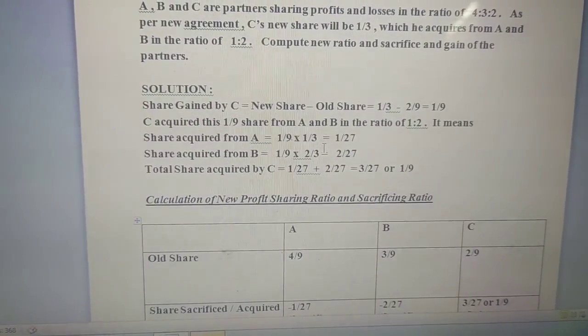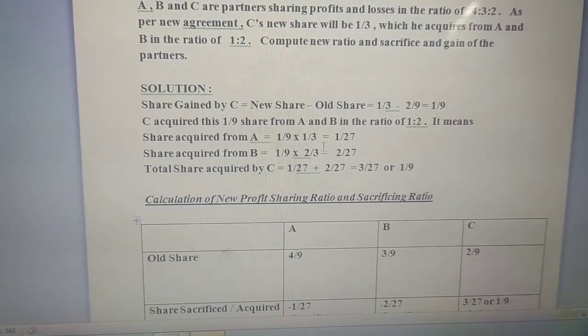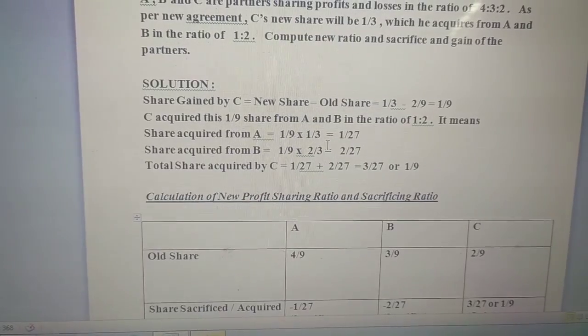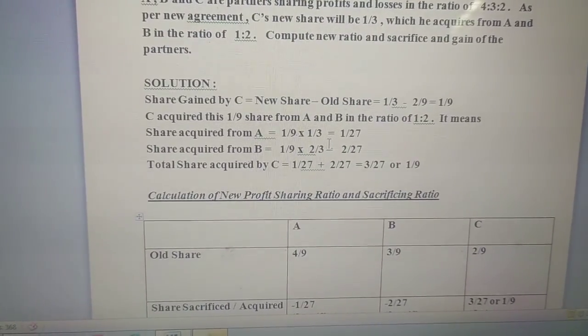How is it 1 by 3? 1:2, 1 plus 2 is 3, so the denominator is 3. So 1 by 9 into 1 by 3 is 1 by 27.